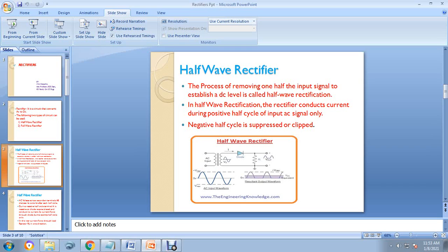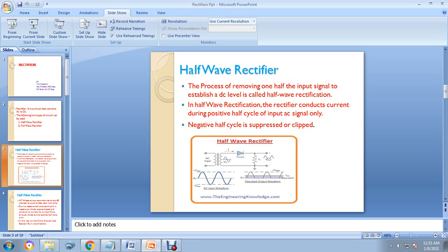This voltage is subjected to the core of the transformer and given to the secondary of the transformer.